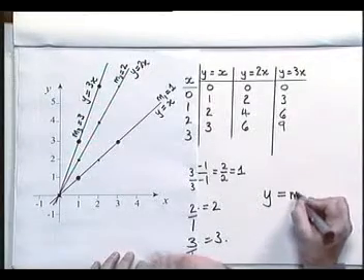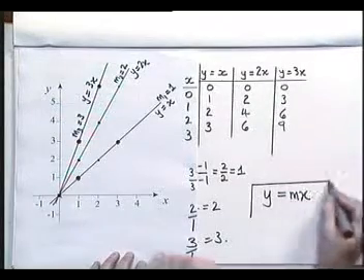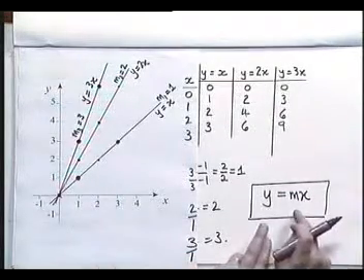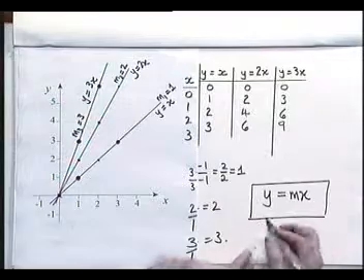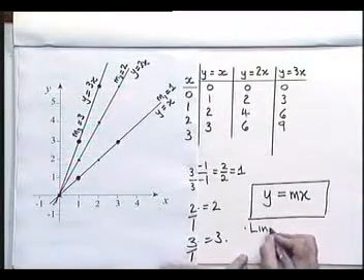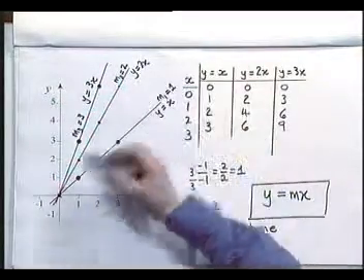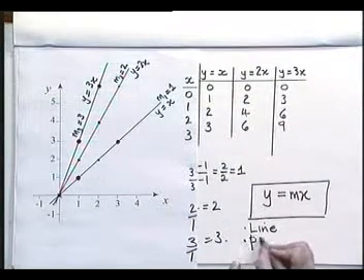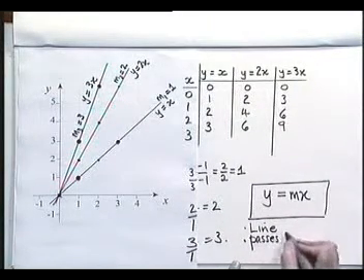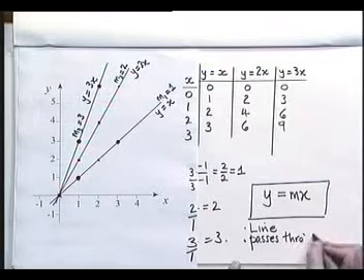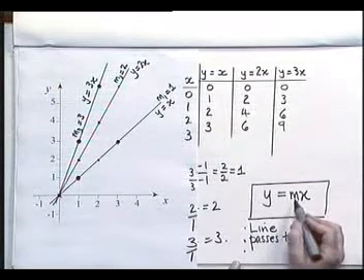Now we deduce from this a general result, that whenever we have an equation of the form y equals mx, what this represents is a straight line. It's a line which is passing through the origin, and its gradient is m.